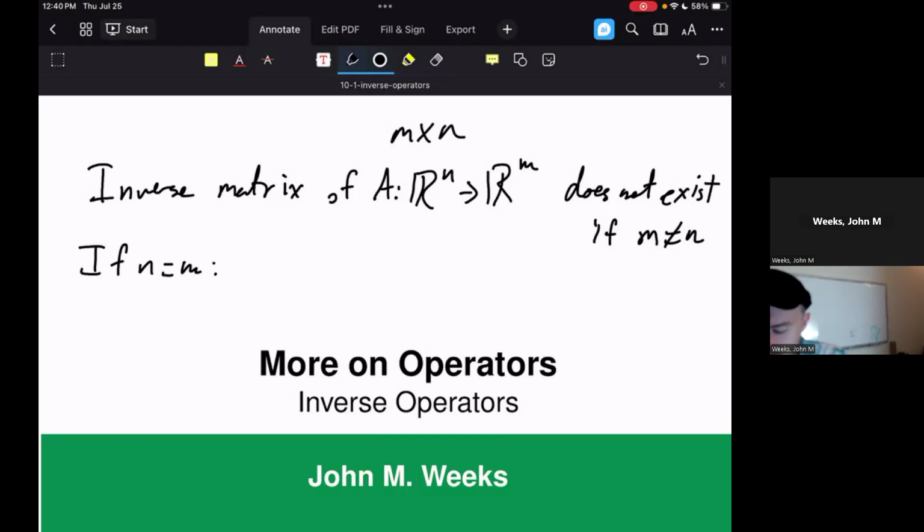There are a few ways that we went through and did it. In one case, when n was equal to 2, we would define the inverse matrix to have a specific formula, which was 1 over the determinant of that matrix.